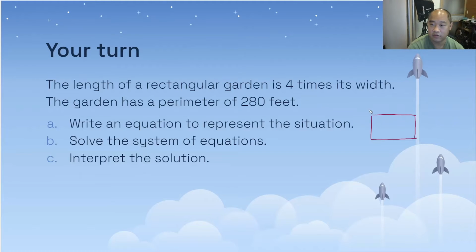The length of the garden is 4 times its width, and the width is just the width, right? Perimeter is the distance all the way around the side, right? So that would be 4w plus 4w plus w plus w equals 280.